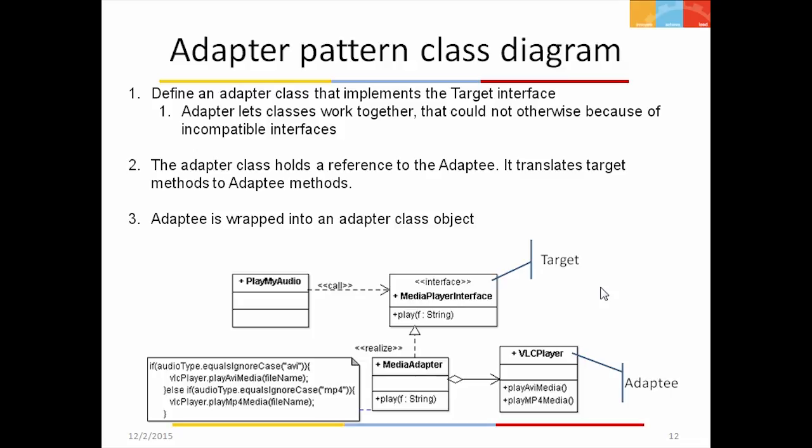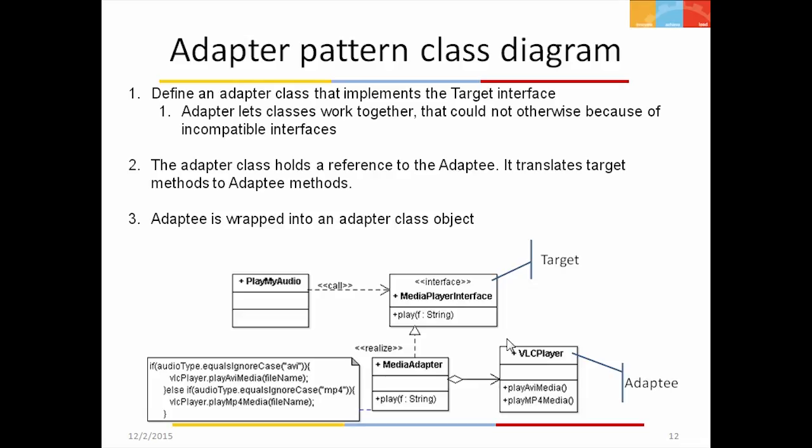So in other words, the adaptee is actually wrapped into an adapter class object. If you look at the example here, how it is used, the code for the play method of media adapter might look like this: you might just write an if statement.